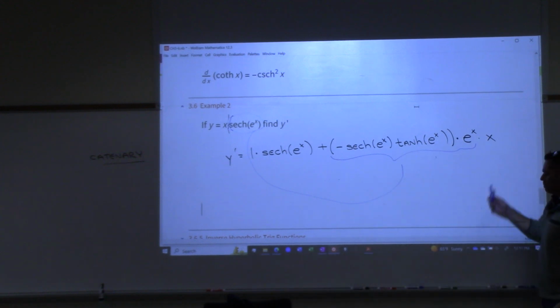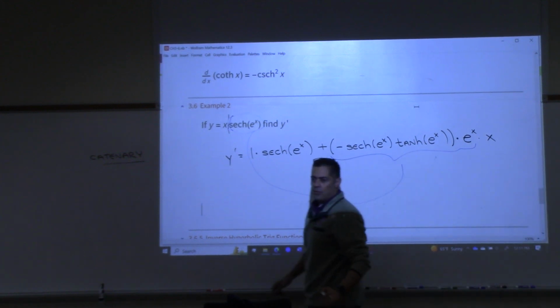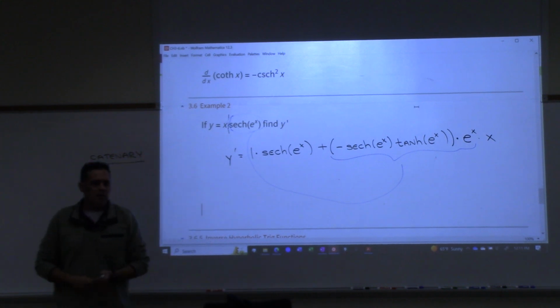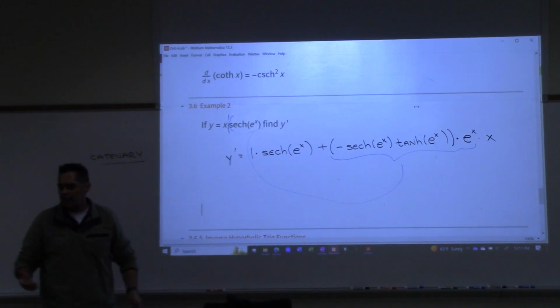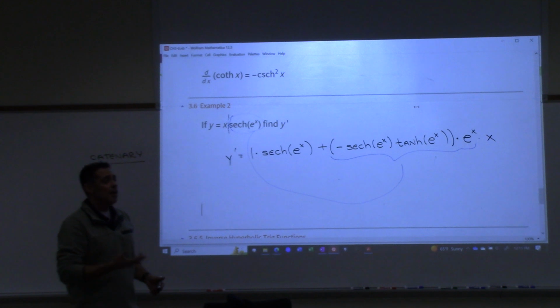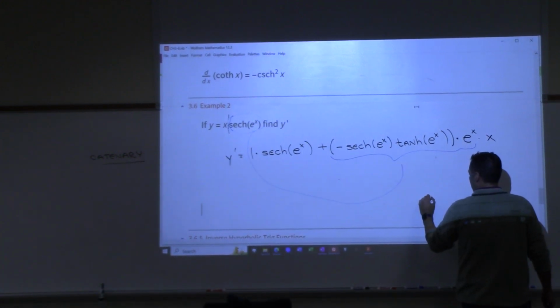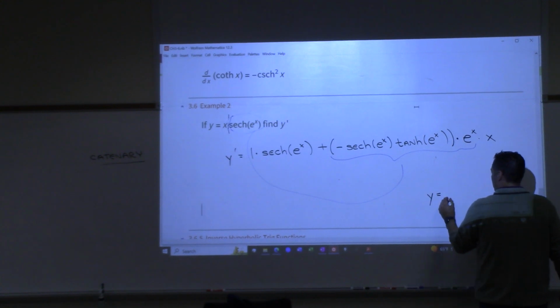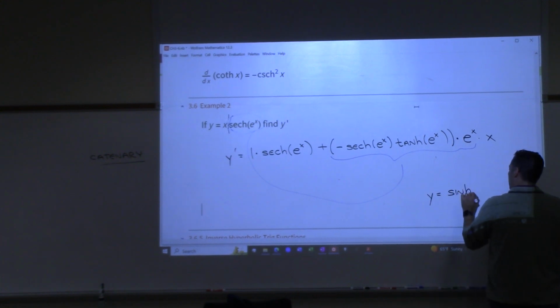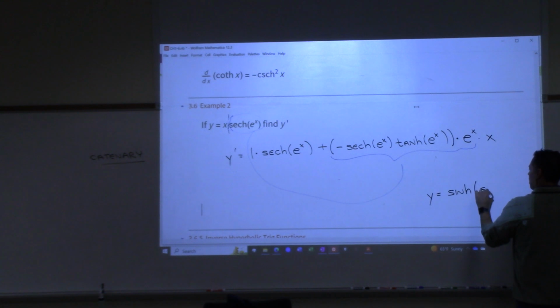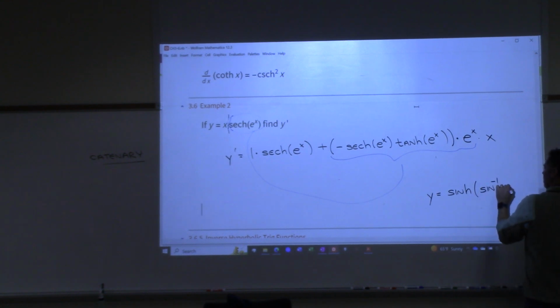And then finish the product. But now we have all these new functions, right? You could do anything. I imagine a problem like this: if I gave you y is equal to sine hyperbolic of inverse sine of x squared.